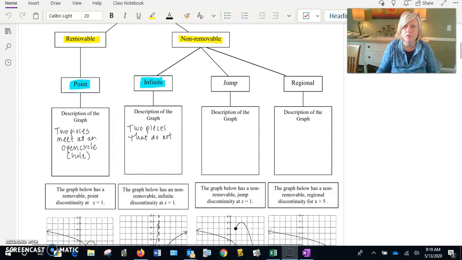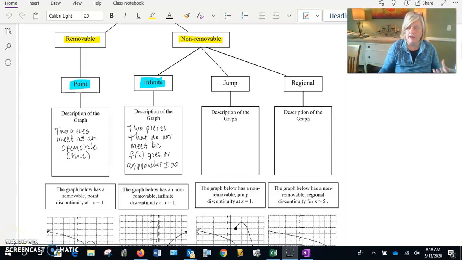Those are the vertical asymptotes that you see on the graph. So if you see a hole in the graph, then we know we have a point discontinuity. If you see a vertical asymptote on the graph, then you have an infinite discontinuity.